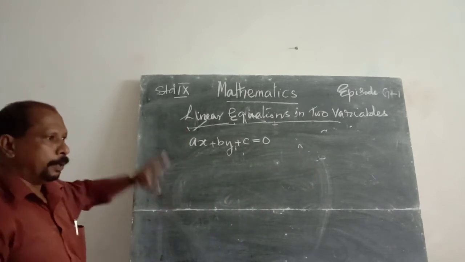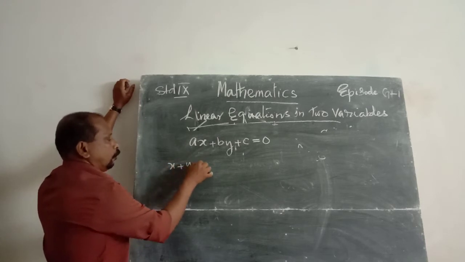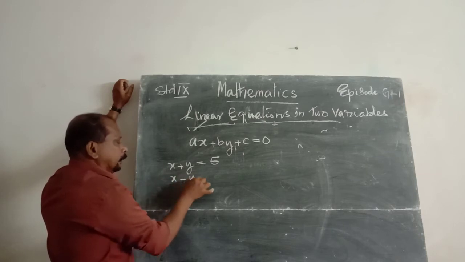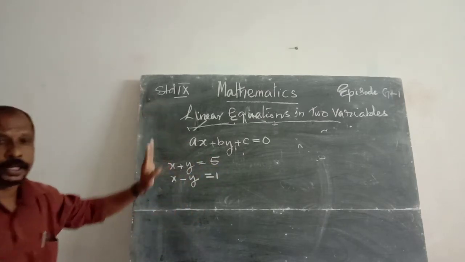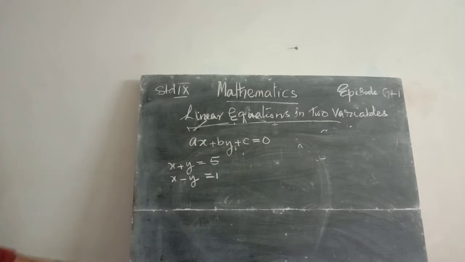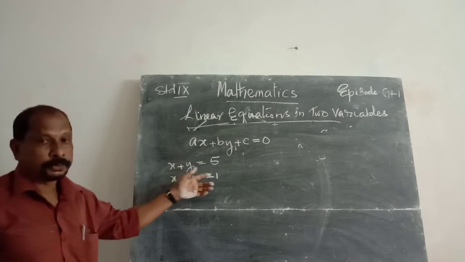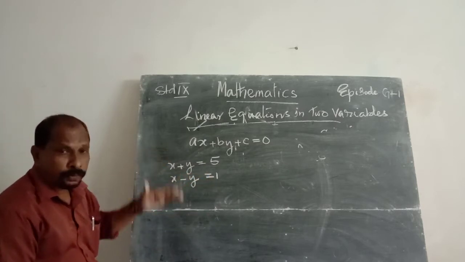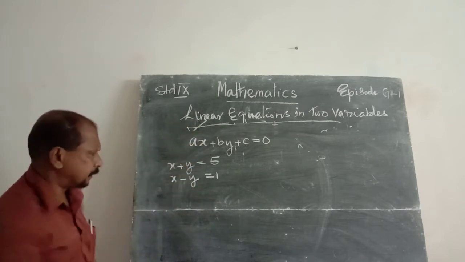For example, x plus y is equal to 5, x minus y is equal to 1. There are two linear equations in x and y, that is x plus y is equal to 5 and x minus y is equal to 1. There are two variables. We know the elimination process.